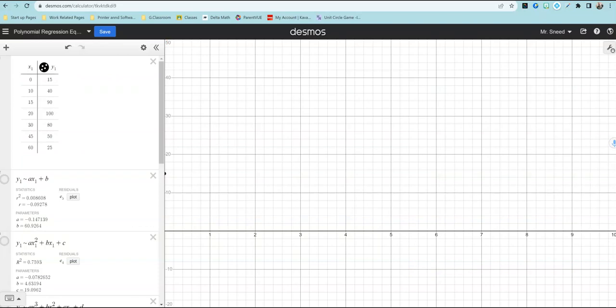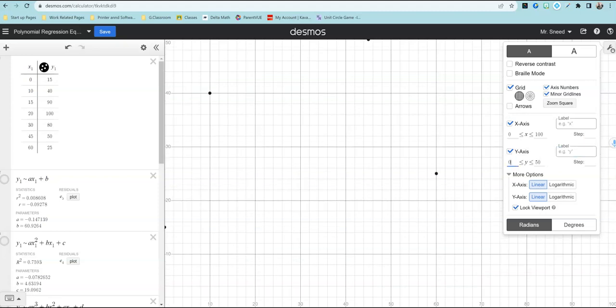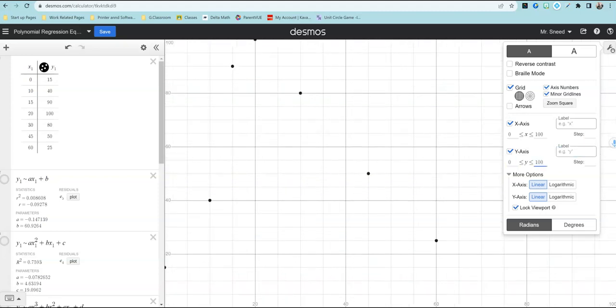In order to see the graph, we go to the little wrench on the right side of Desmos, and change this to match what we have on our graph. So our x goes from 0 to 100, and our y also goes from 0 to 100. Now you see what we graphed a minute ago.